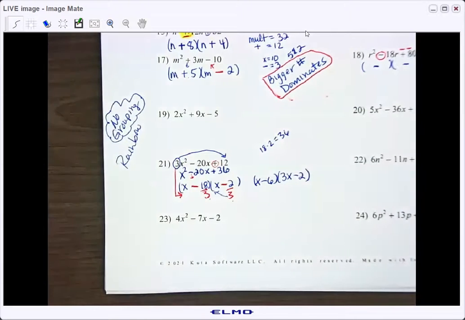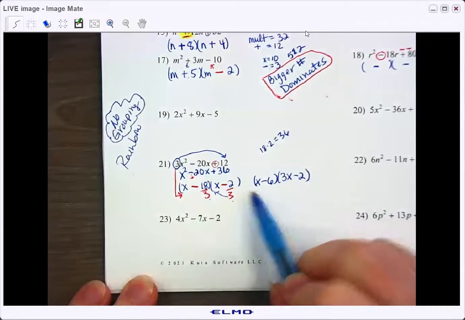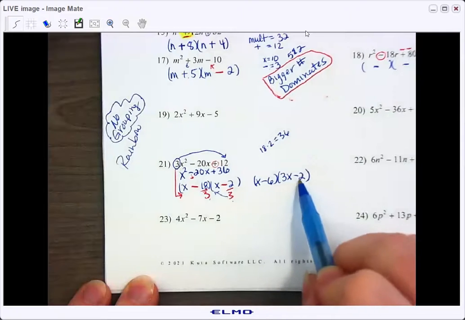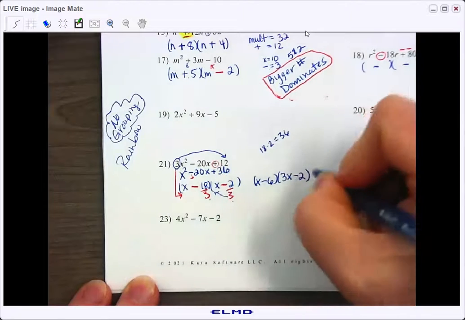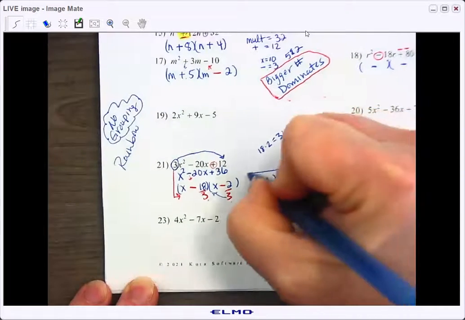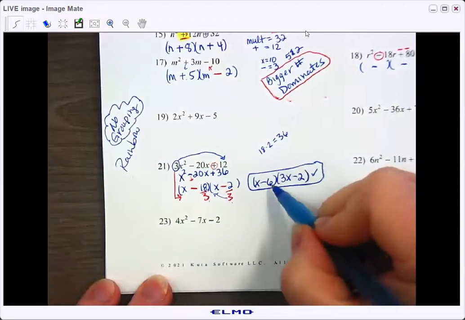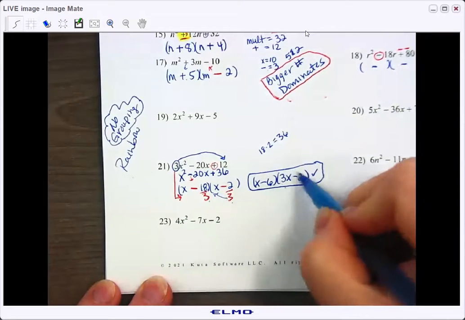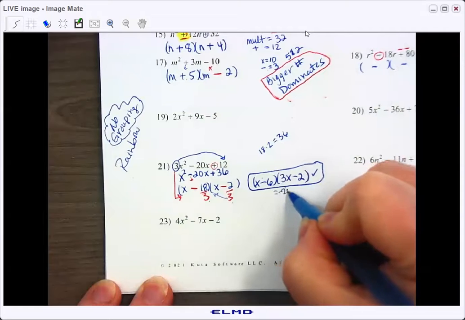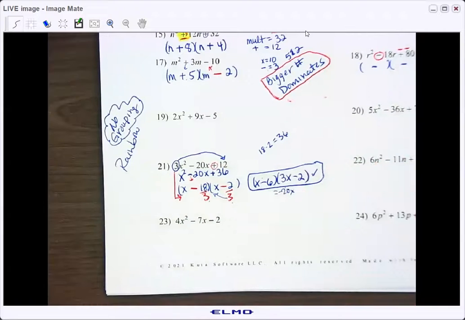And you're done. 3x and x gives me 3x squared. Negative 6 and a negative 2 gives me a positive 12. Okay, and there's my final answer. If I were taking a test, I would probably go ahead and say negative 18x and negative 2x equals negative 20x, just to be sure.